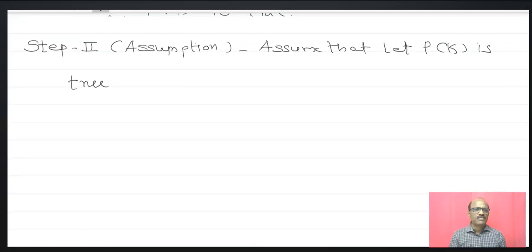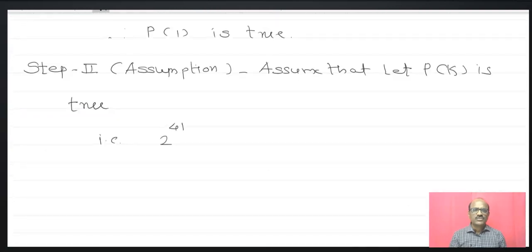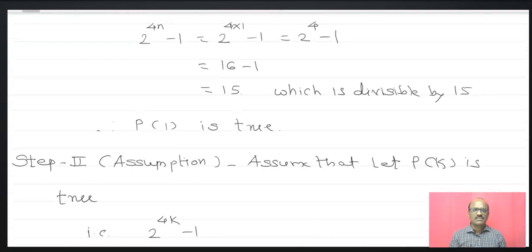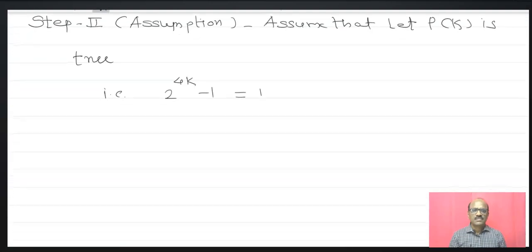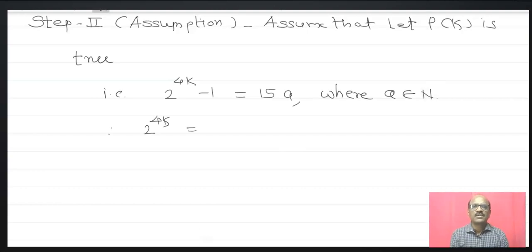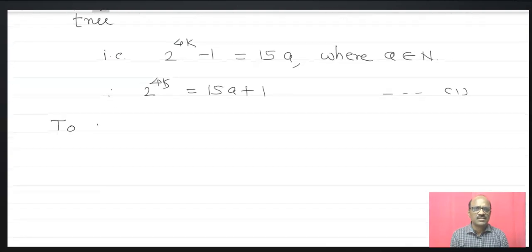Assume that P of k is true, that is 2 raised to 4k minus 1 is equal to 15a, where a belongs to the set of natural numbers. So 2 raised to 4k is equal to 15a plus 1. This is the one.